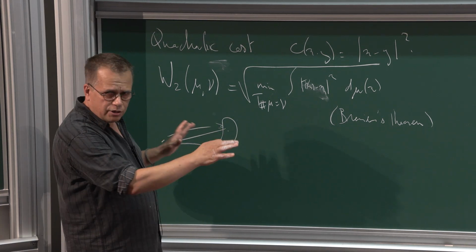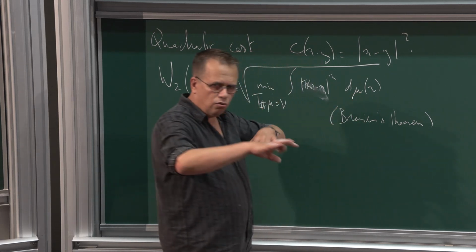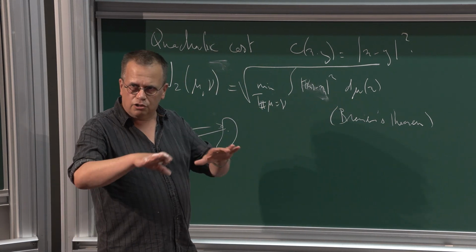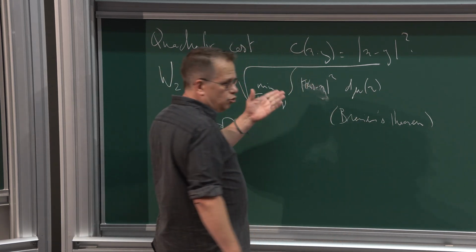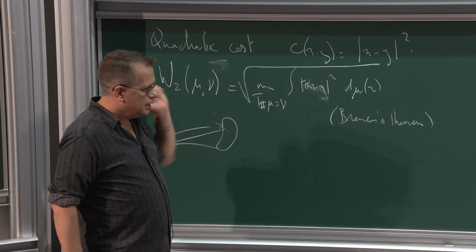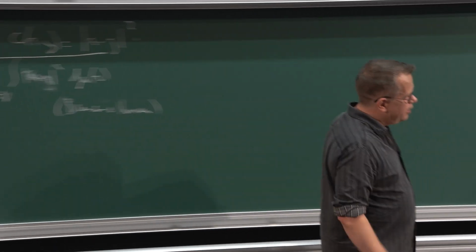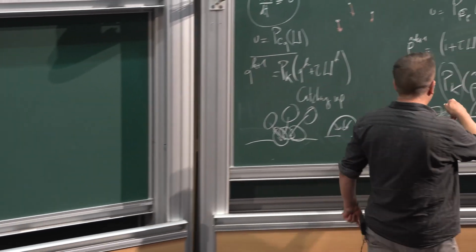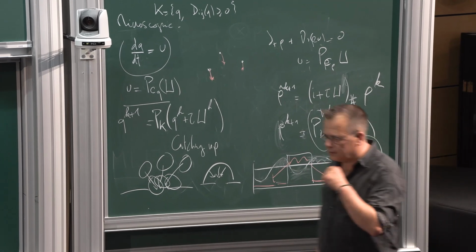So under some assumption, for example, that the measures are all diffuse, they do not contain atoms, then you have symmetry, and you also can show that you have the triangle inequality. So this is actually a distance that can be used. And this is the right way to project. So this will be the projection with respect to the Wasserstein distance.